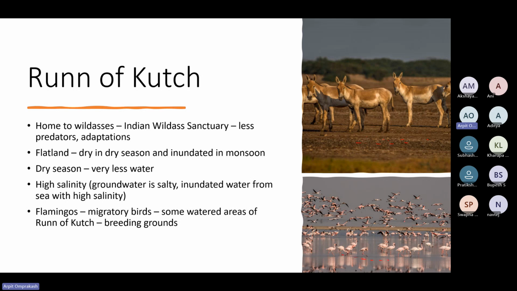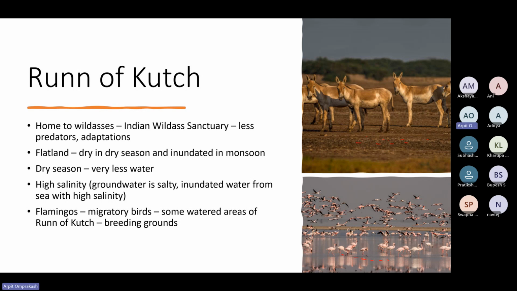Water from the sea generally comes in and floods the area, so the place is inundated for the months of monsoon. Because of the seawater entering the land, the groundwater is very salty, and the area as a whole has very high salinity.